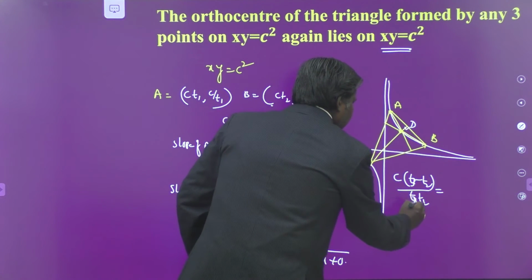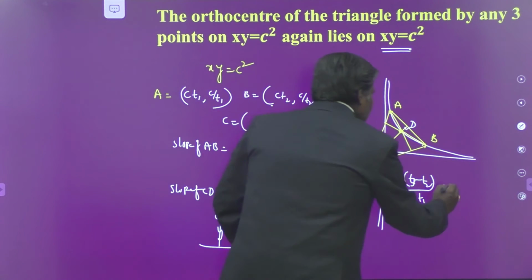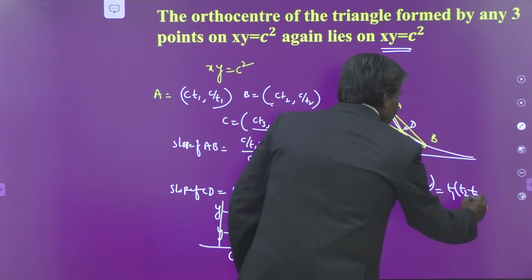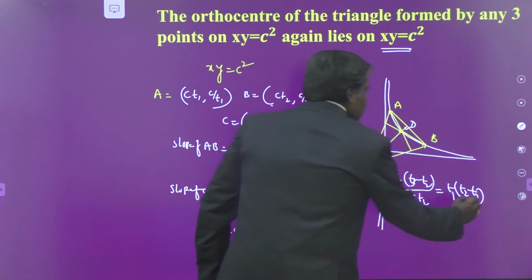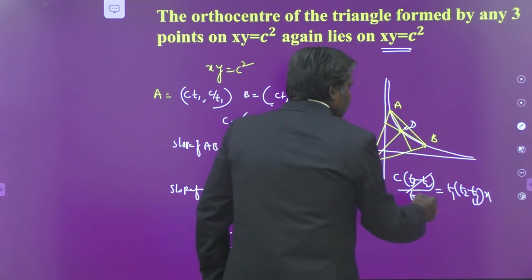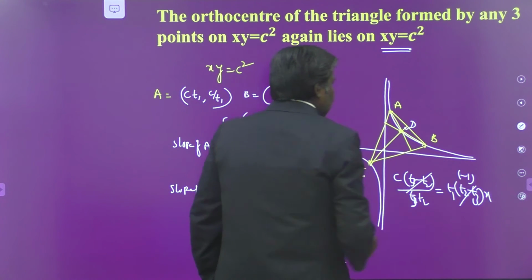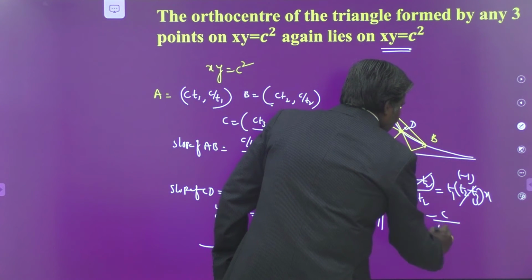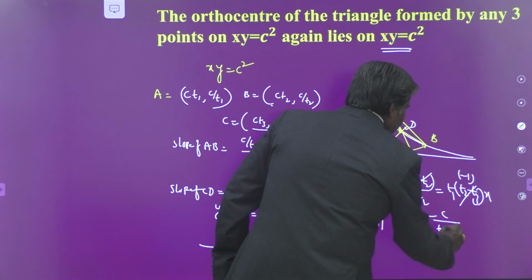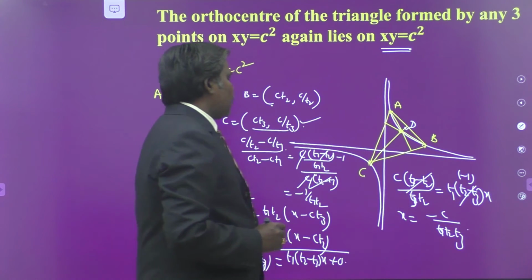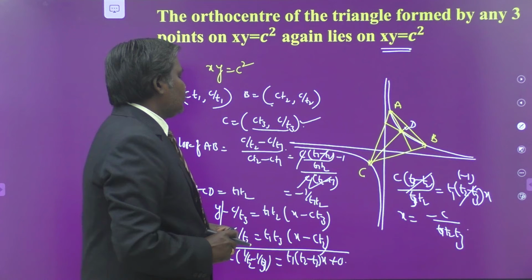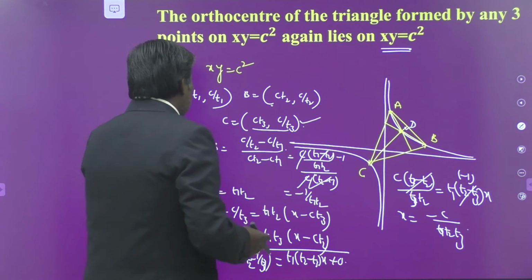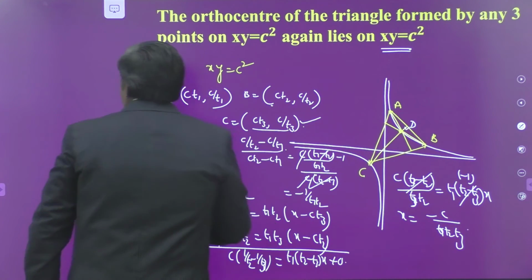So this is equal to t1 times (t2 - t3) into x. So (t2 - t3) and (t1 - t3) cancel out by minus 1 times. You have x equal to minus c by t1 t2 t3. This is the x coordinate of the orthocenter. Substitute in any one of the altitudes, and we get the ordinate also.